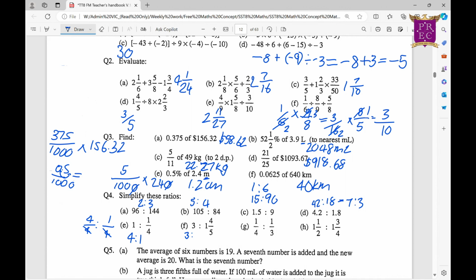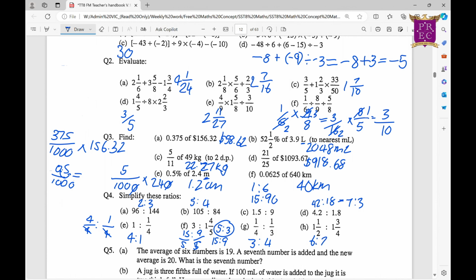Get 3 out of 5, which gives us 15 on 5. So 5 times 1 is 5, plus 4 is 9, 9 on 5, okay, so 15 to 9. 15 to 9 can be simplified into 5 to 3. That's the answer. This one's 3 to 4, and the last one is 6 to 7.